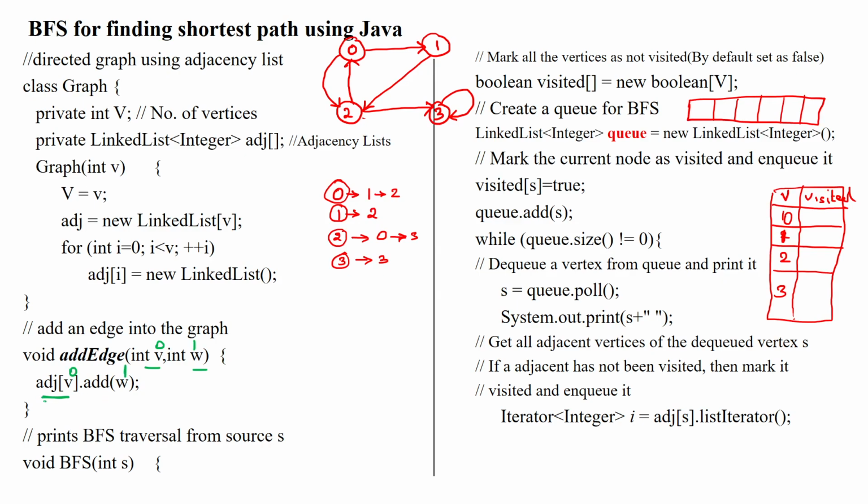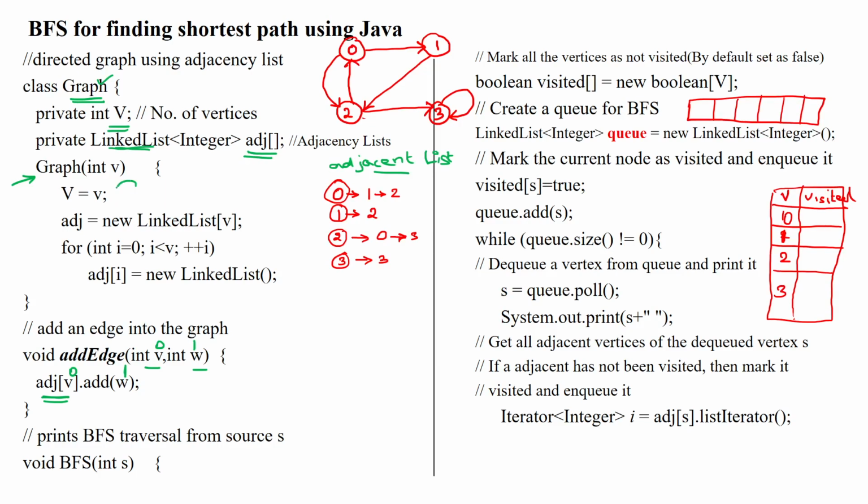So the adjacency list is created by using the class Graph. Here we are defining the number of vertices, and we are going to create the adjacency list by using the linked list concept. So this is the adjacency list for the given graph. I have used the linked list to create the adjacency list. So we are using the constructor for the Graph class.